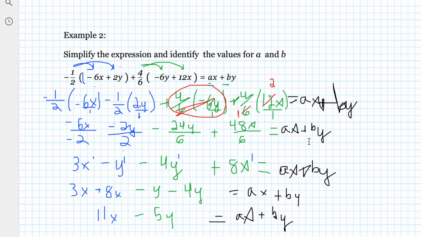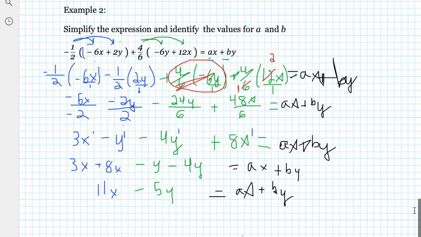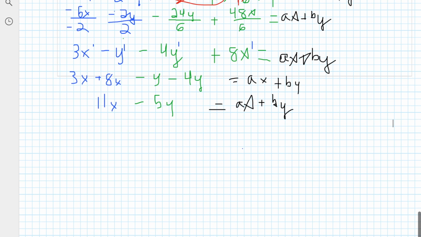Okay. And so now when I scroll down just a bit, I can compare 11x minus 5y equals ax plus by. Therefore, a must equal 11 and b must equal negative 5.